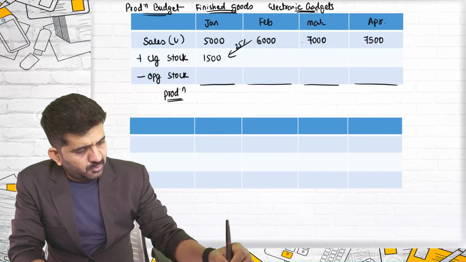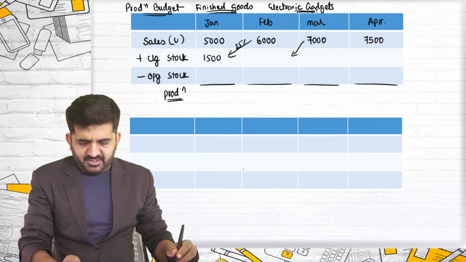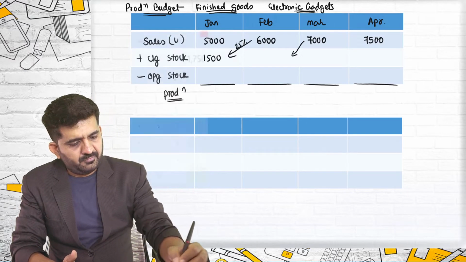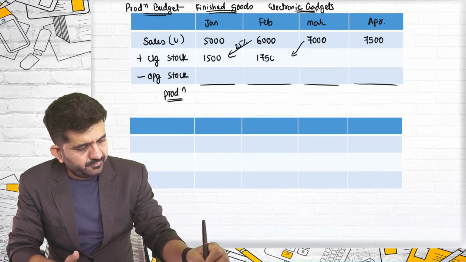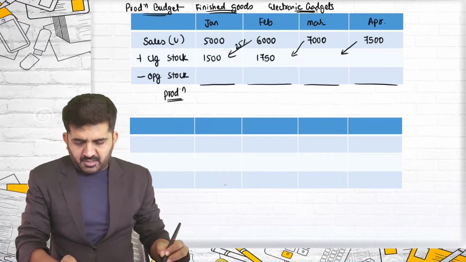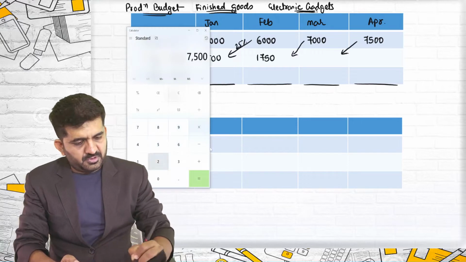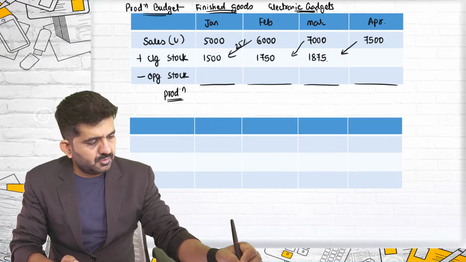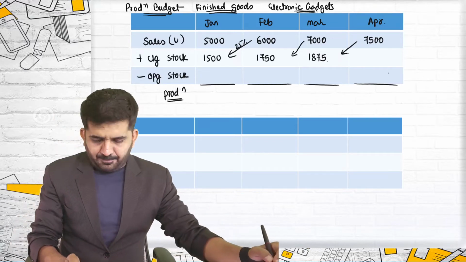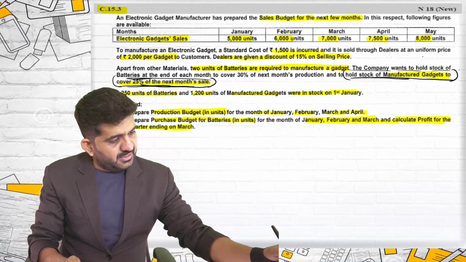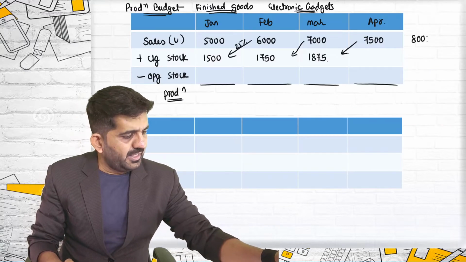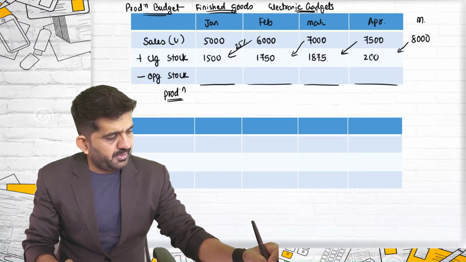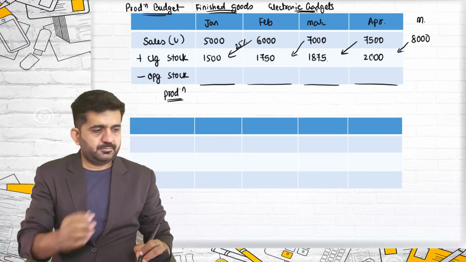How much will be closing stock in February? 7,000 multiplied by 25%, 1,750. What will be closing stock for March? 7,500 divided by 4, 1,875. What will be closing stock of April? For that I will need sales of May. Sales of May is 8,000, and 8,000 divided by 4 will be 2,000.